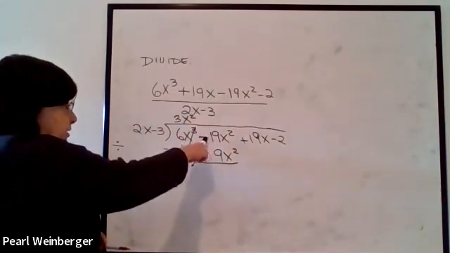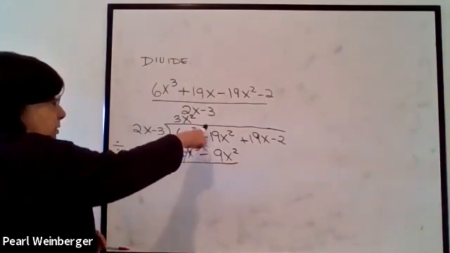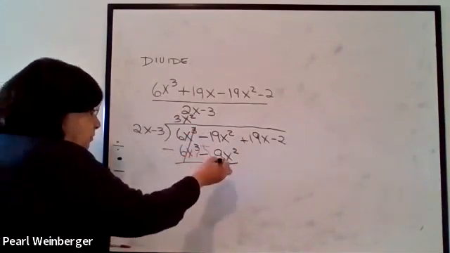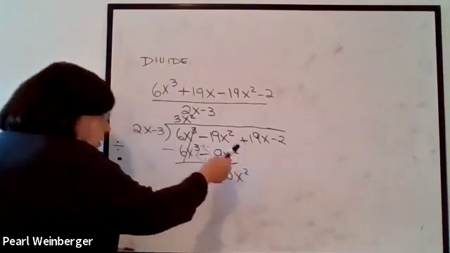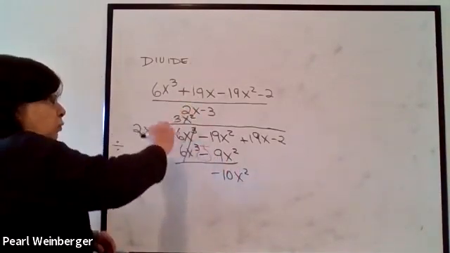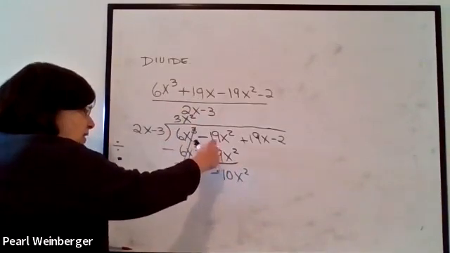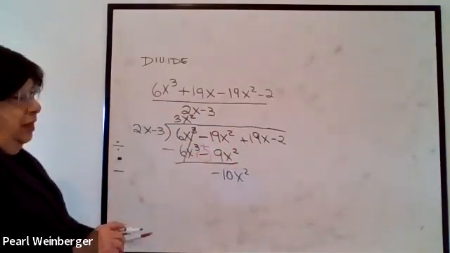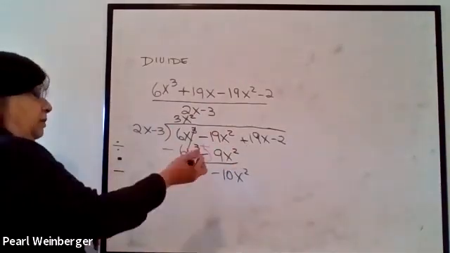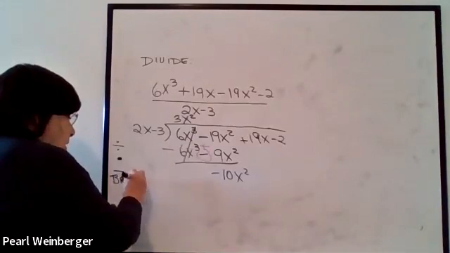The next term, negative 19x squared combined with positive 9x squared, the negative 19 and the positive 9 give us negative 10x squared. Now you know why it's so important that we rearrange the terms, because when I multiply, I got an x squared here, I needed it to go under the x squared term, not underneath the x. Okay, but after I've done the subtraction, the last step is to bring down the next term.